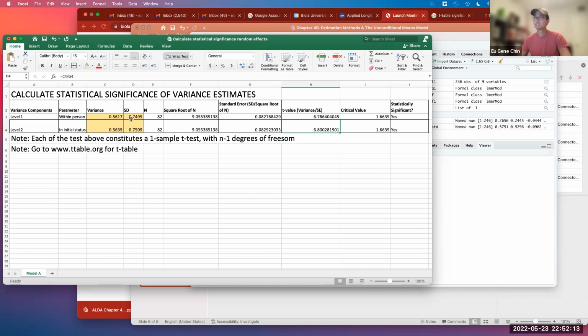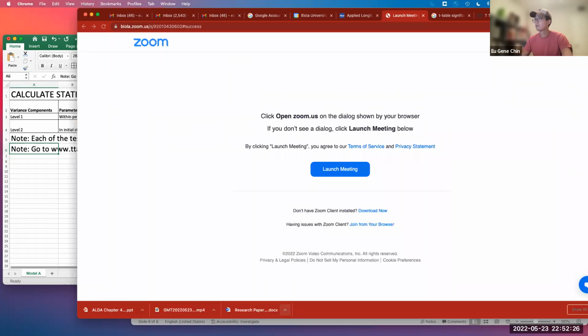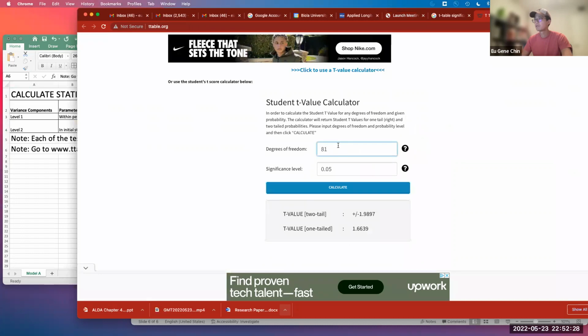Each of these tests is going to constitute a one sample t-test with n minus 1 degrees of freedom. If you have your own t-table, you can look at that. If not, there is a website called t-table that will help you figure that out. I put over here 81 as the degrees of freedom, the significance level is 0.05, and it'll give me what the t-value needs to be for it to be statistically significant.